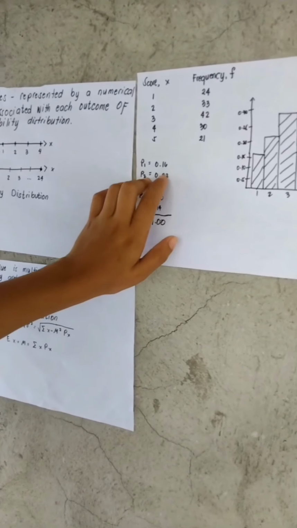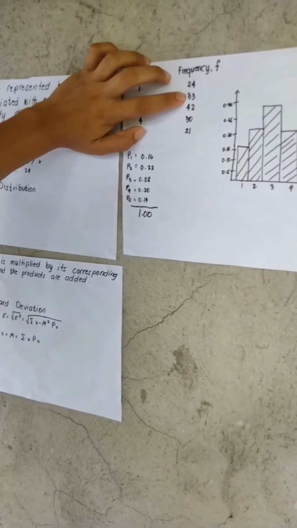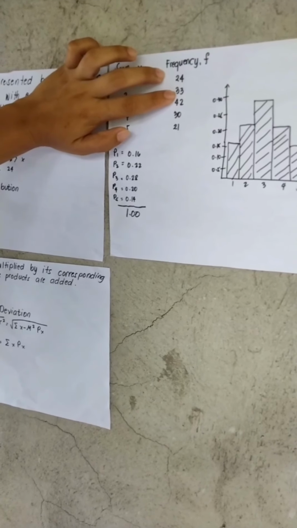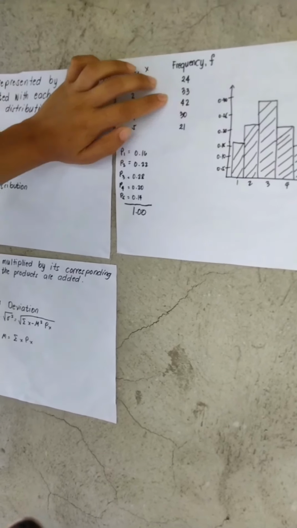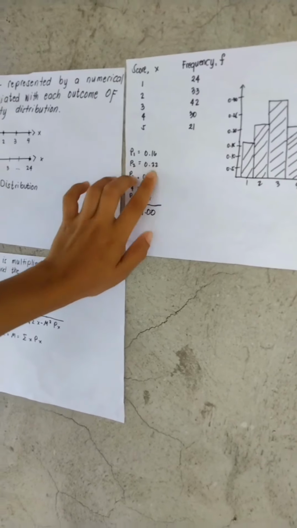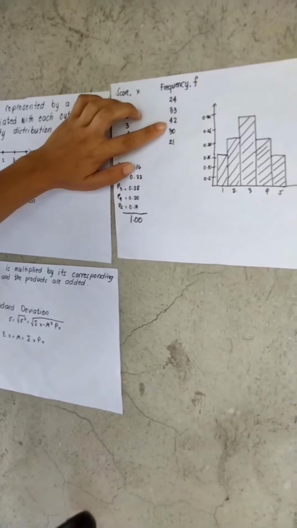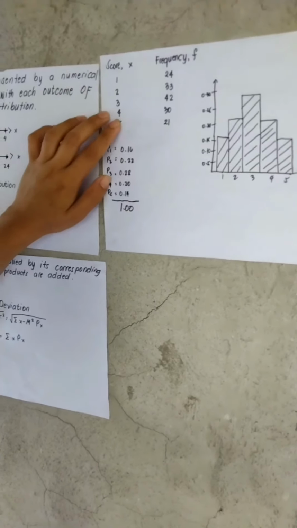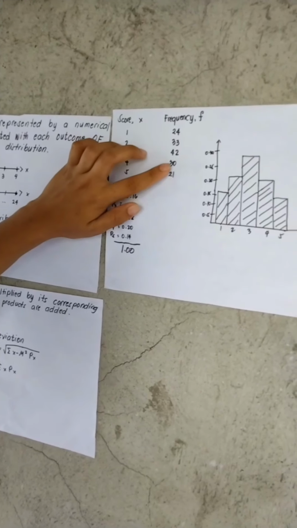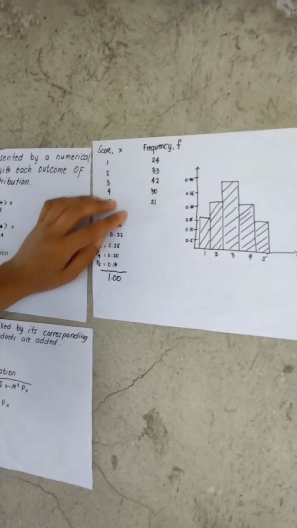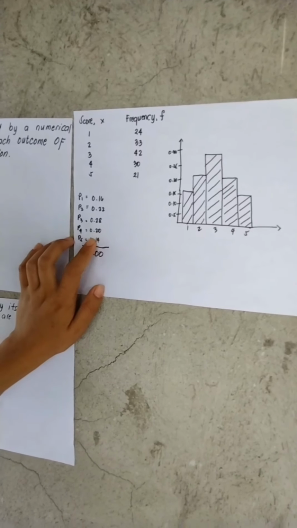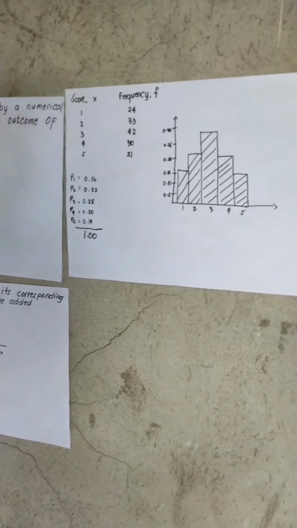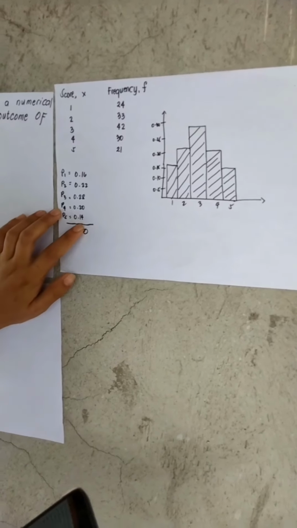P2, where 2 has 33, is 33 over 150 employees, equal to 0.22. Then P3 is 42 employees over 150 employees, equal to 0.28. Then P4 is 30 over 150, equal to 0.20. The last one, P5, is 21 over 150, equal to 0.14.